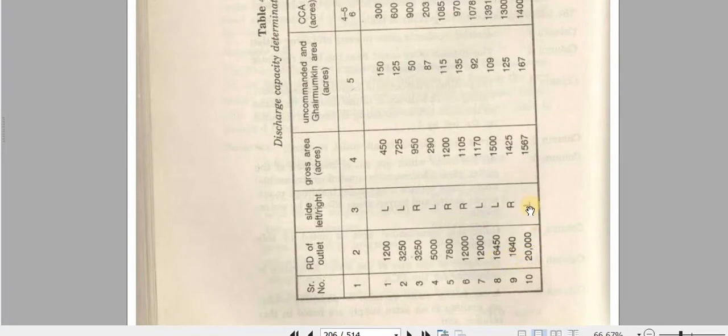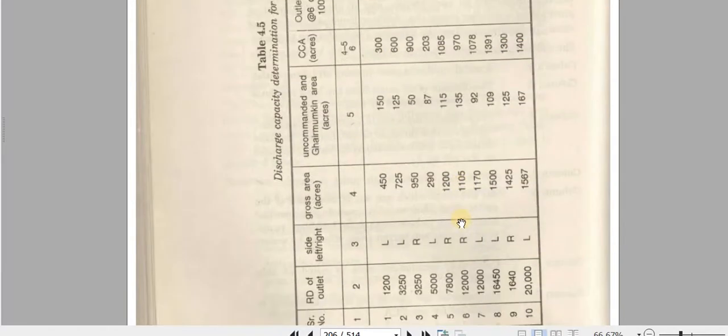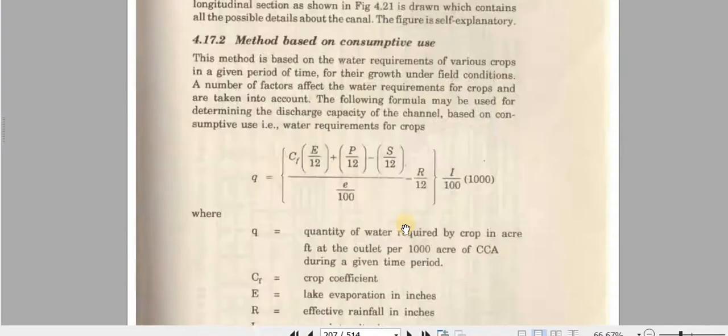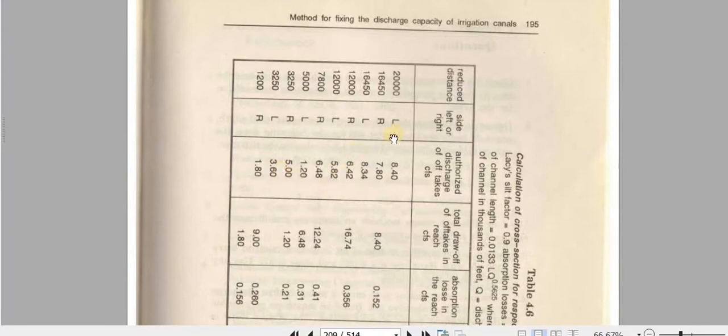On 20,000 we have only one, on the left side, requiring 8.4. Similarly, you have to rewrite this in reverse order against this column, left, right and so on. So at this point we had only one on the left side, so it is written as 8.4. You have to write on the next: this 8.4 should be allocated to this one after this one.